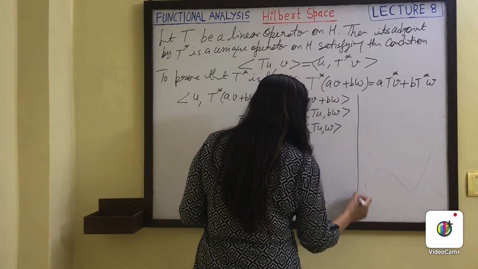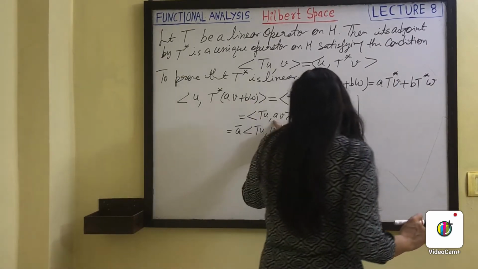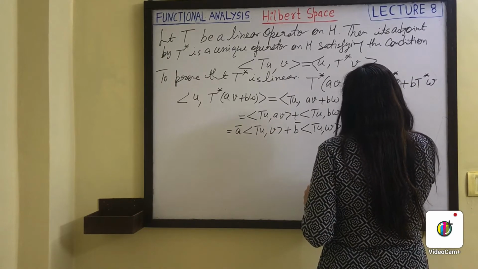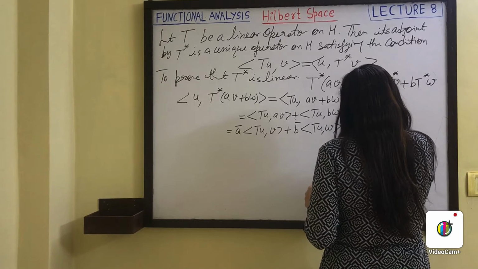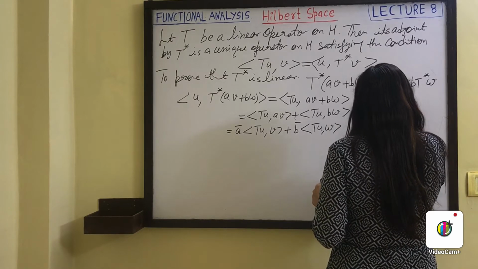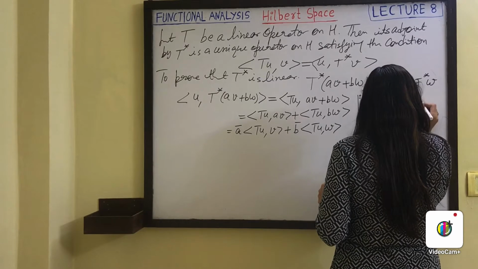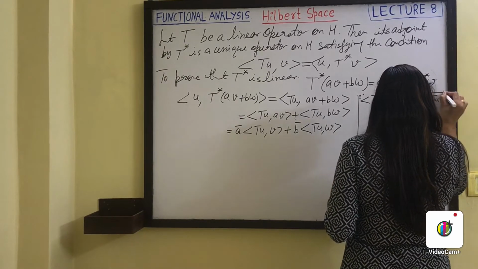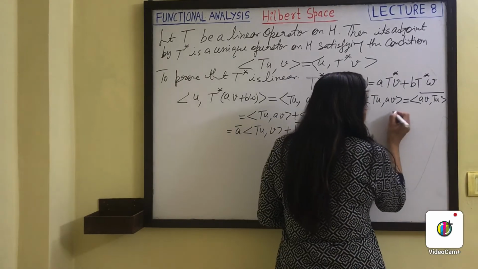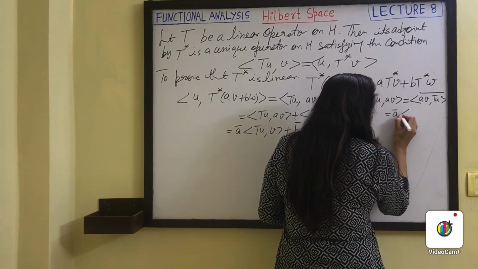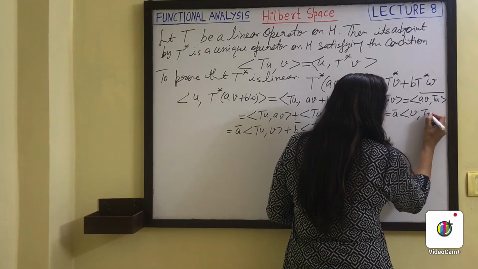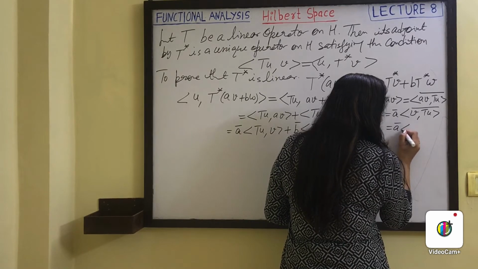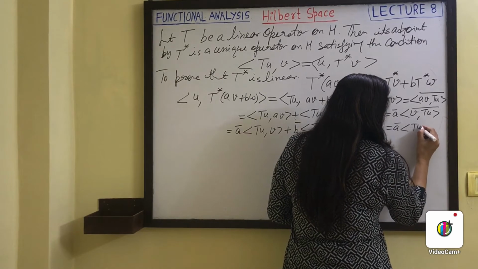Now we know that T*u comma a v is equal to the conjugate of a v comma T*u. So this can be written as a conjugate, and here it is v comma T*u, and finally it is a conjugate, and it can be written as T*u comma v.